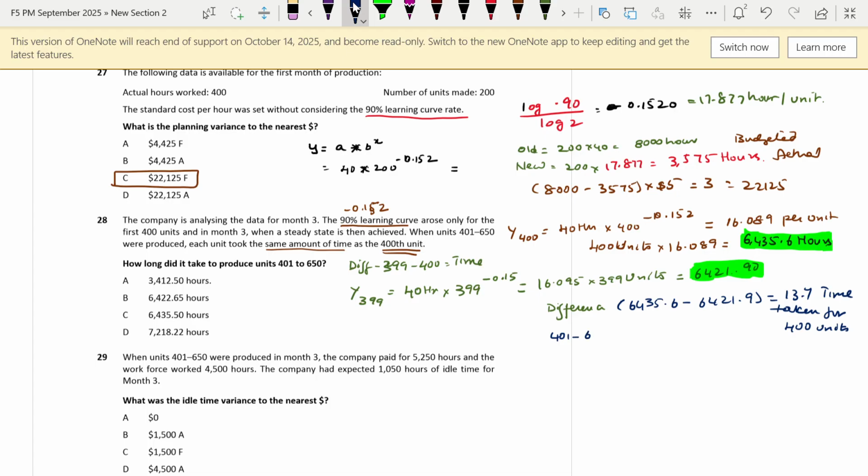Now, how many units are there? 250 units. 250 units times 13.7.